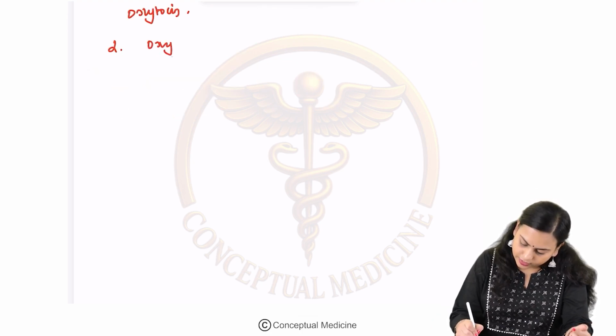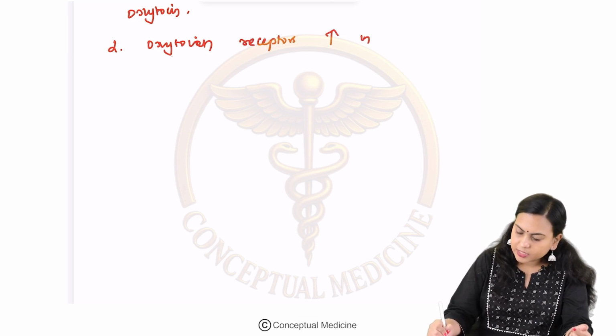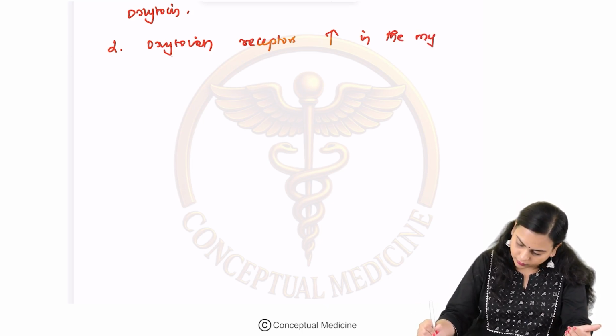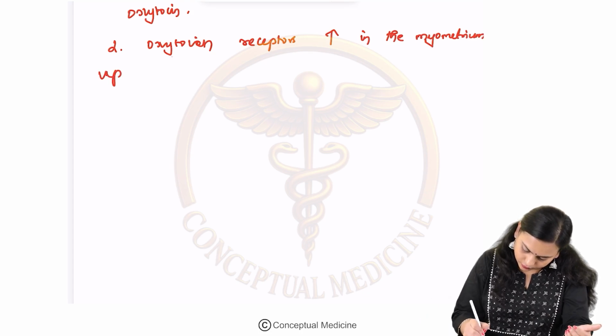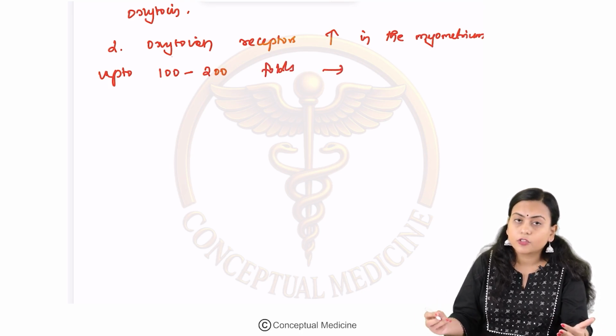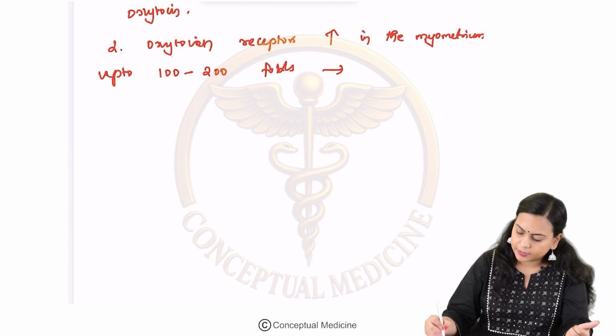So, oxytocin receptors increase in the myometrium up to 100 to 200 folds. And not only this, the sensitivity of the oxytocin receptors also increases.